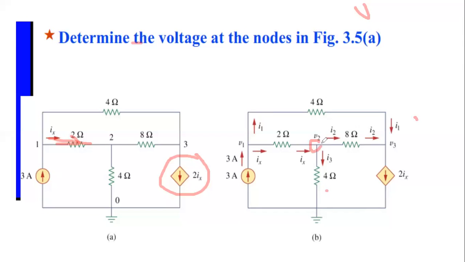Secondly, in this node V2, Ix is incoming, I2 and I3 are outgoing. So it will be Ix is equal to I2 plus I3. And for third one, incoming is I2 and I1. So these two are incoming. So it will be I2 plus I1 is equal to 2Ix. Now this is the current, so you have to take as it is, 2Ix.